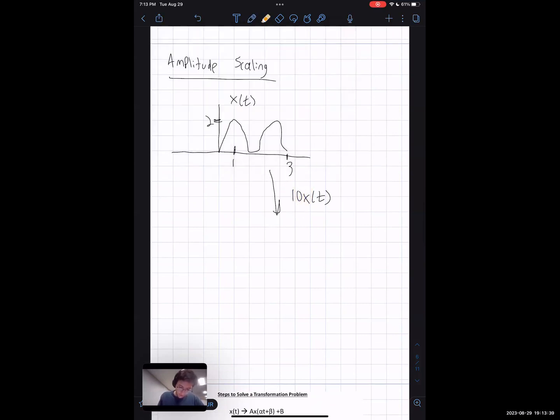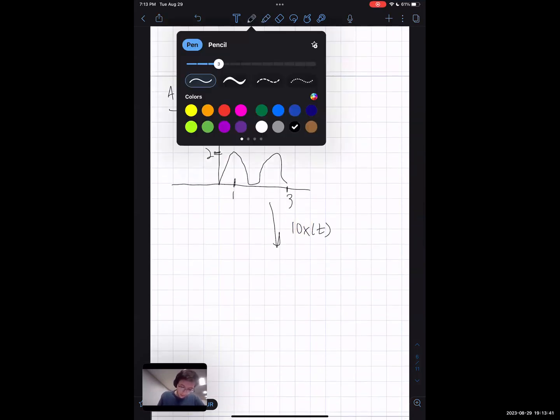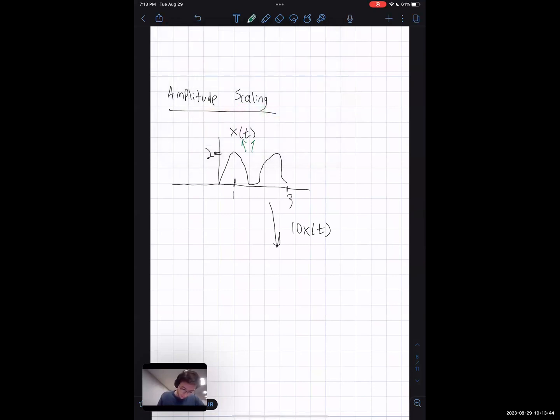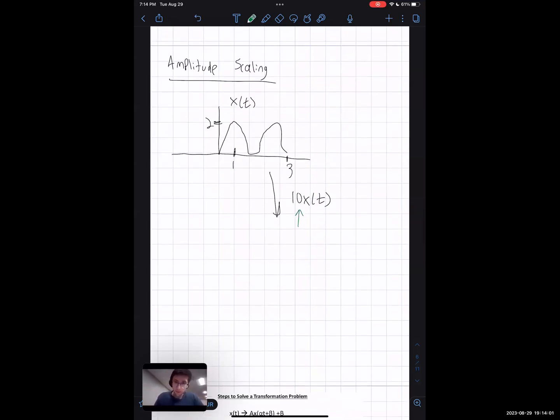So it's no longer on the inside of the parentheses. So all the time-related transformations are going to be inside these parentheses. But now that it's outside the parentheses, it's going to be dealing with amplitude. Okay? So inside parentheses, time domain, shifting horizontal axis left to right, stretching and shrinking on the horizontal axis. When it's outside the parentheses, it's going to be the vertical axis.